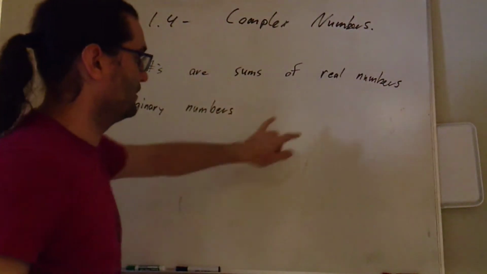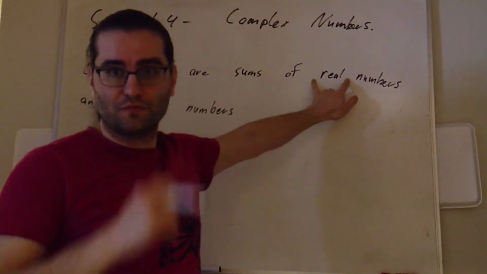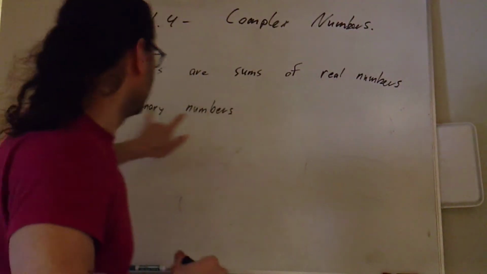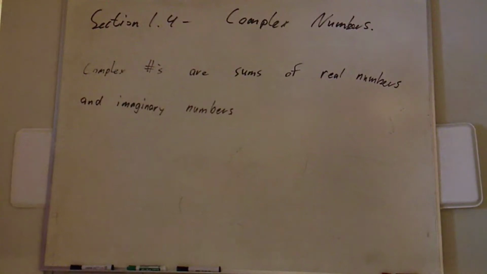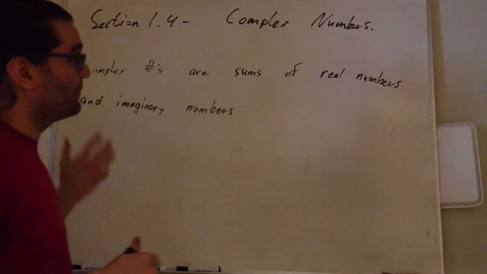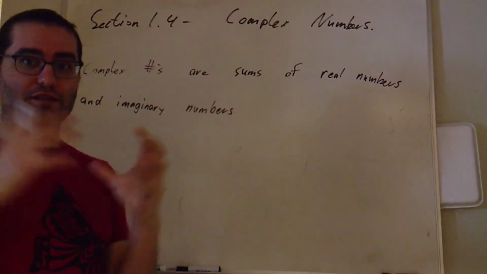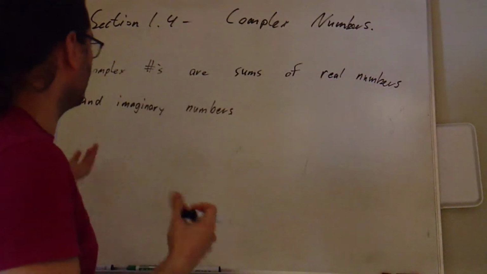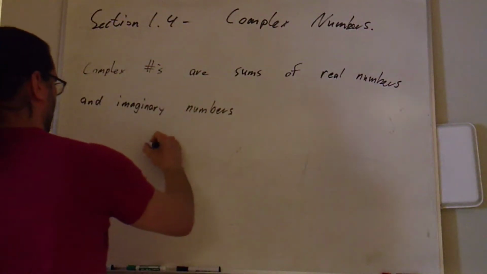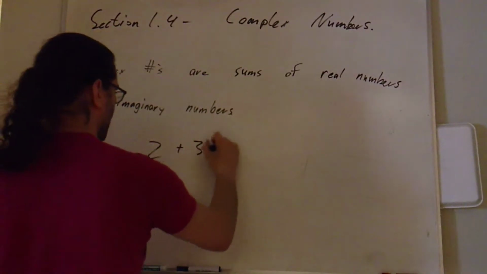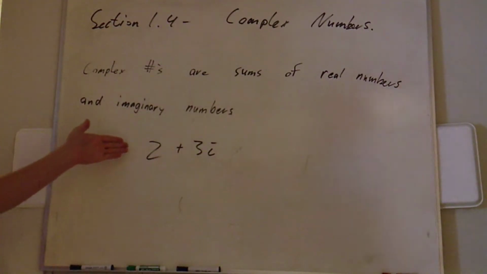Real numbers are the numbers that you're used to. Imaginary numbers are what we just talked about, square roots of negative things. So, if you try to put the two of them together, you end up with what's called a complex number. So like 2 plus 3i. This is a complex number.